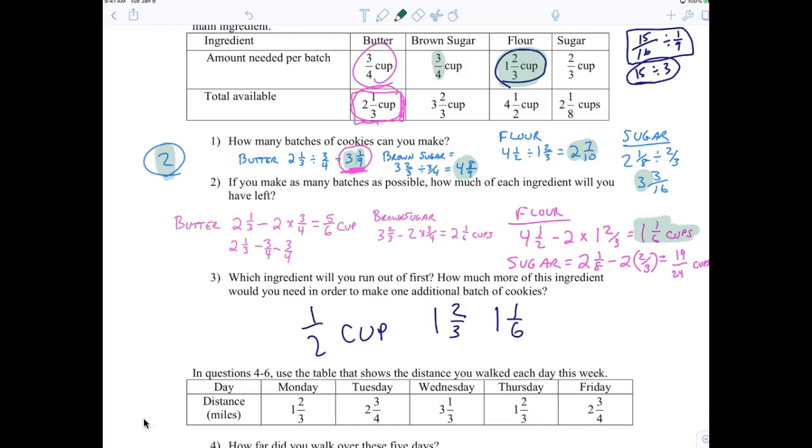Do you agree with that? That's what I need to make a batch of cookies just with the flour. I only have how much remaining after I just made 2 batches? This right here is all I have left. 1 1/6. Do I have enough? Because I need 1 2/3. So the question is, how do I figure out how much I need?